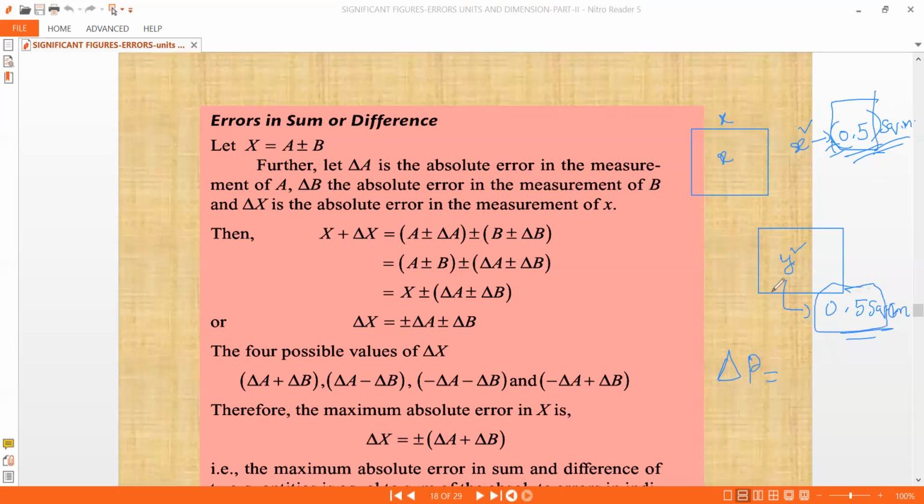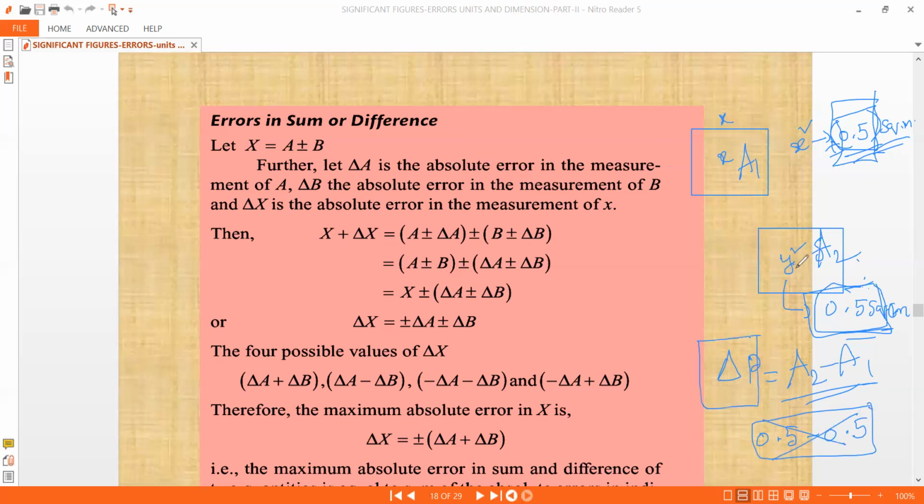When I subtract these two measurements, like the area of square 2, A2, minus A1, if I subtract this error from this error, which are both 0.5, the errors are 0.5 minus 0.5. When I do that, I will end up with an absurd situation, that my measurement, when I subtract these two, is error free.